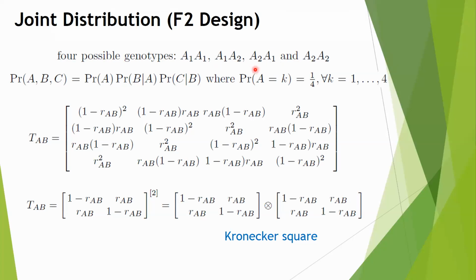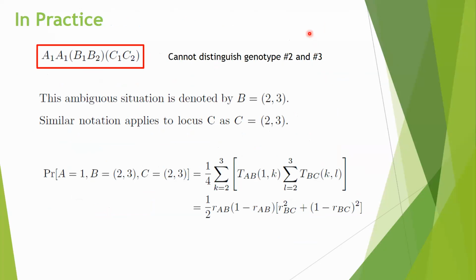In most situations, since we cannot distinguish genotype number 2 and number 3, we have to combine these two states together. So instead of having 4 states, we only have 3 states, but we still use the same notation here.